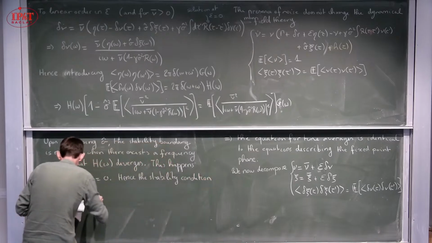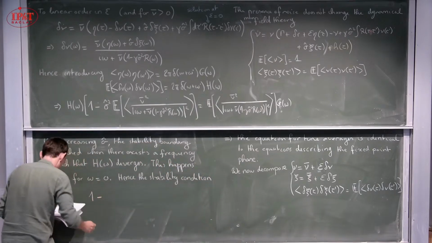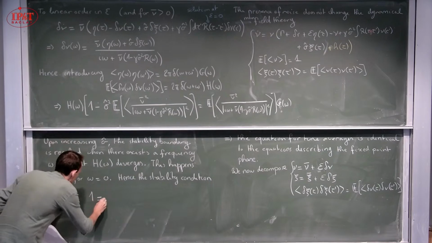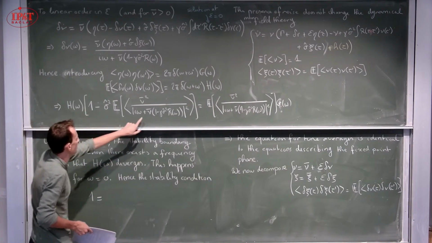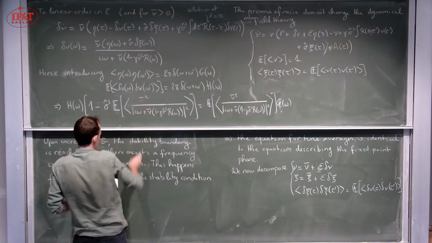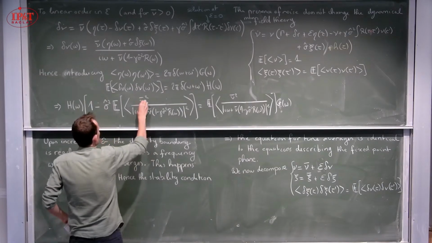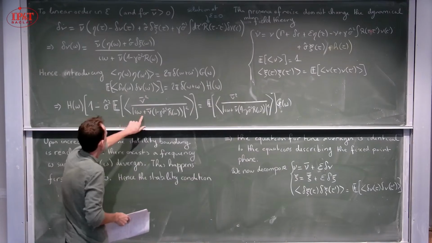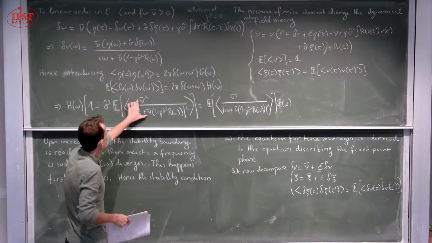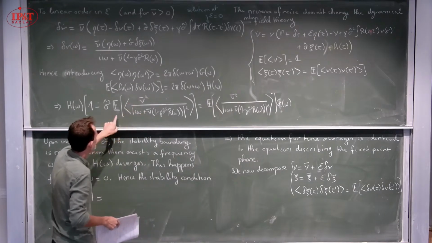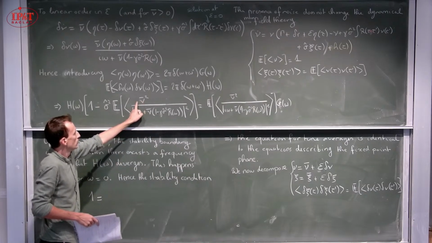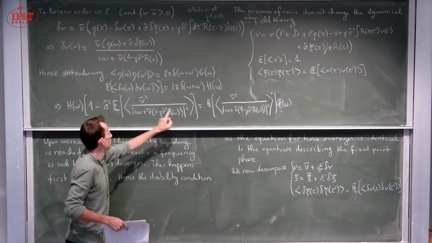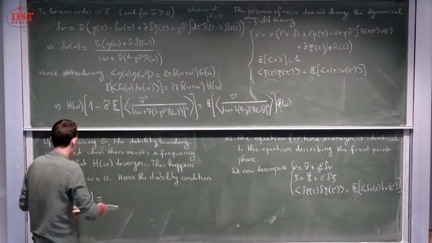And hence we get the stability condition, which is that 1 equals, so I need to cancel this term to make h omega blow up. So when omega goes to 0, the nu bar cancel, but I need to recall that this is 0 if nu bar is equal to 0. So this is the expectation value of the theta of nu bar.